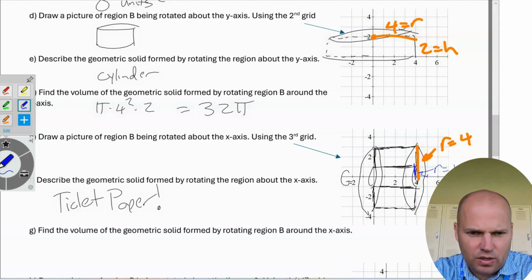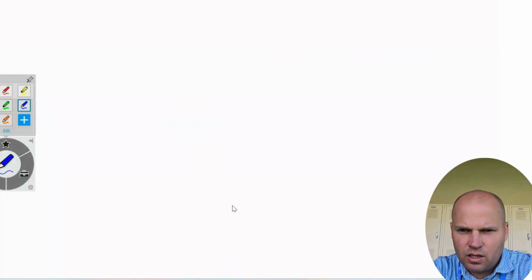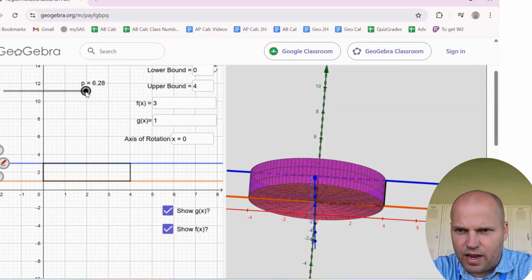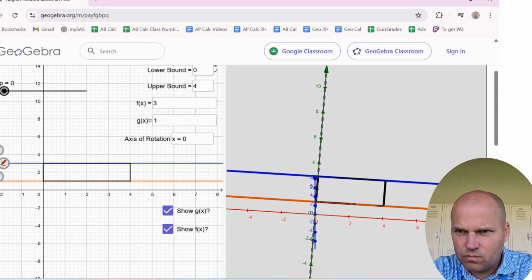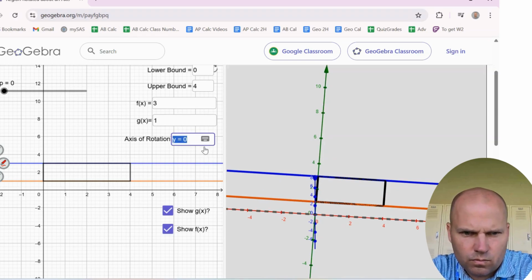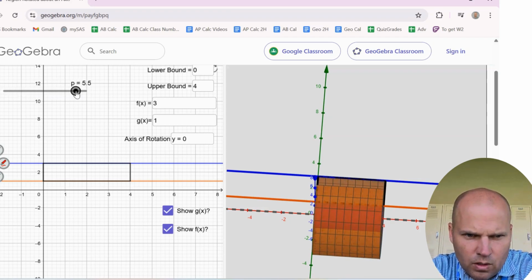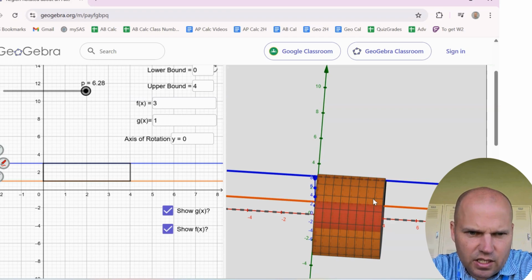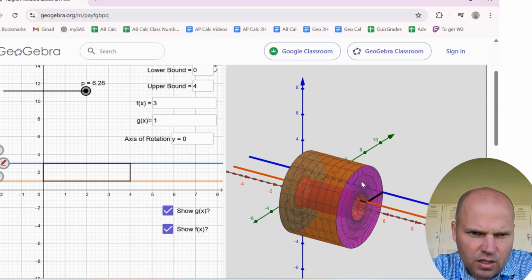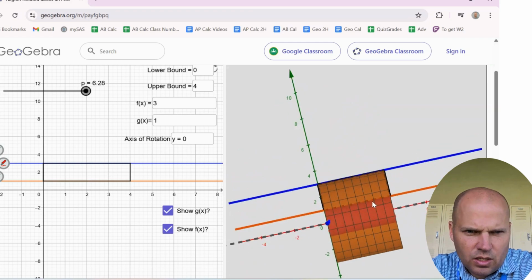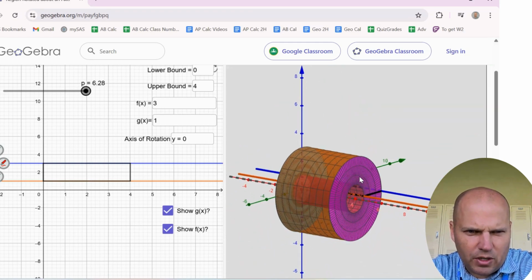Let me show you if you didn't see it. If I take this region and spin it around y equals 0. Okay, spin. You can see it creates this cylinder with a hole in the middle.